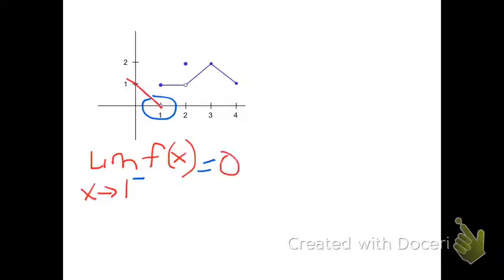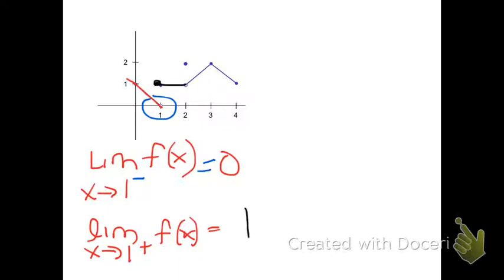So even though there's a hole there, the limit as x approaches 1 from the left is 0. The limit as x approaches 1 from the right would be this guy right here, 1.